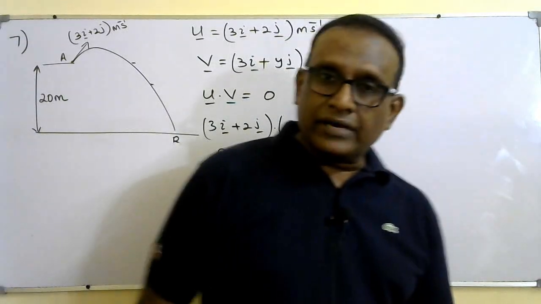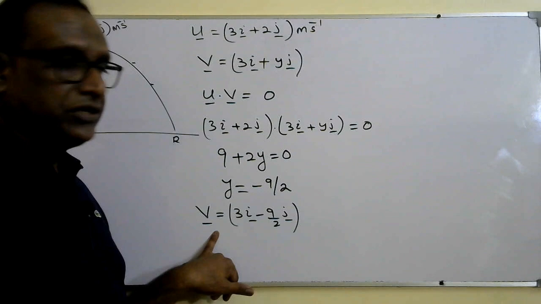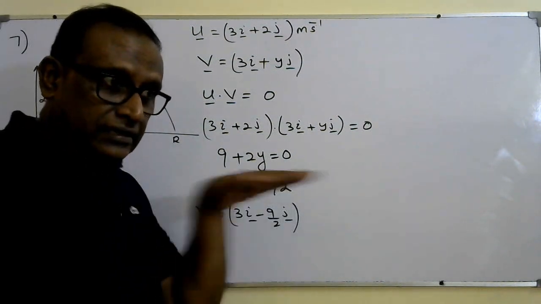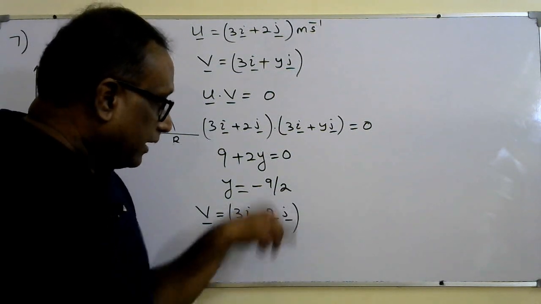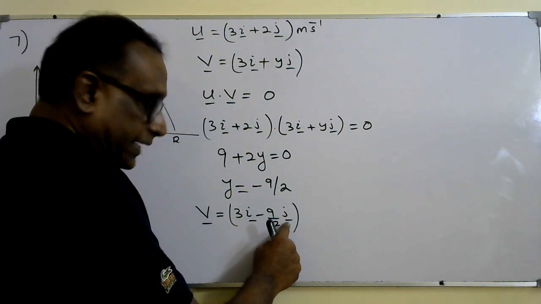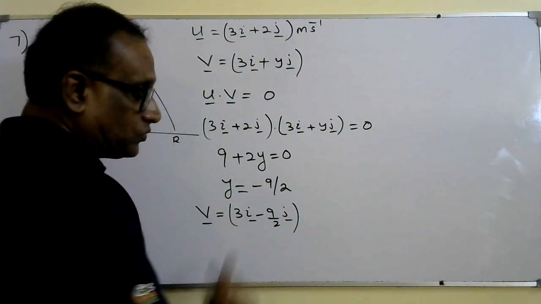Now what is the actual value of this velocity? We'll find the magnitude of it. The components are horizontally 3i, and vertically 9 by 2 in the minus j direction, minus sign meaning downward, since j is the upward direction.